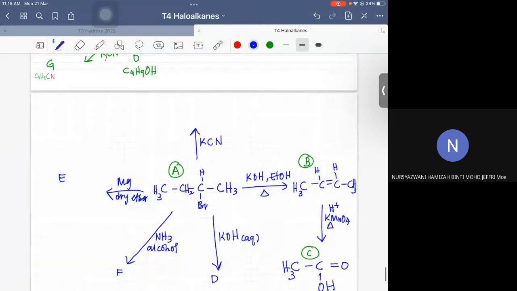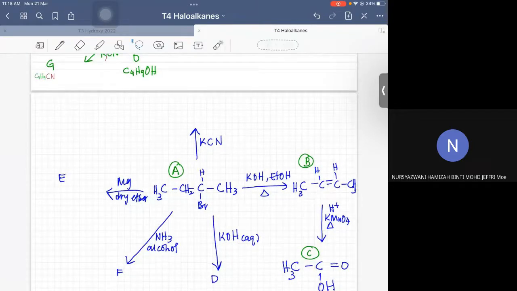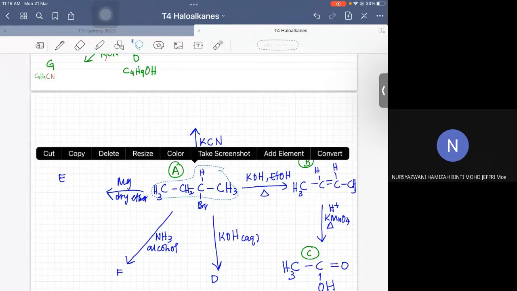Okay. So apa yang kita buat adalah kita ambil this one. Copy.